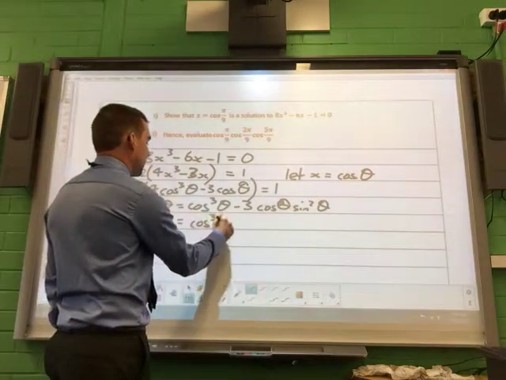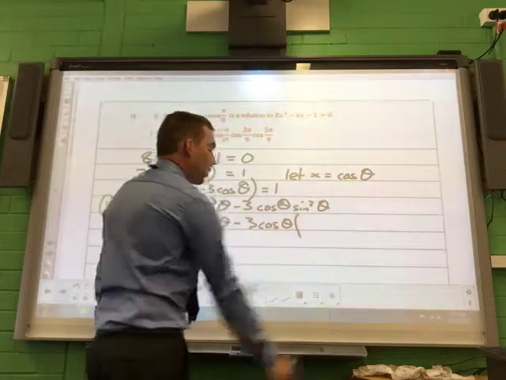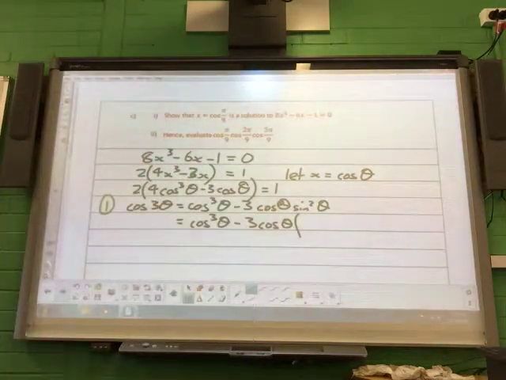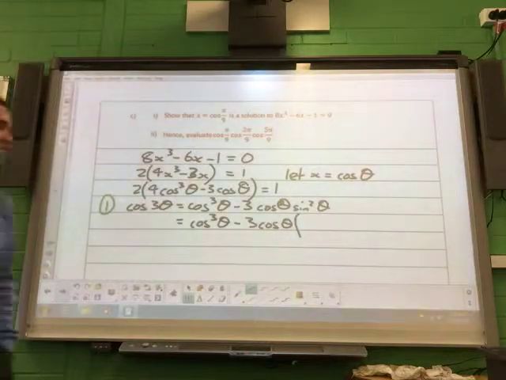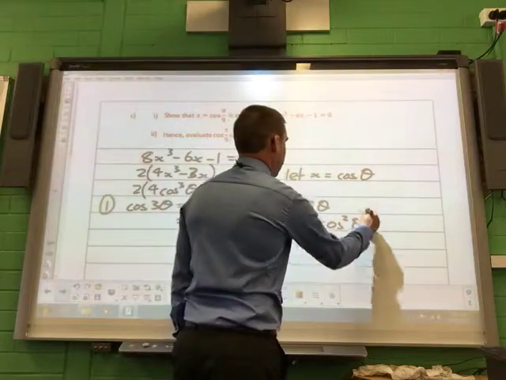What's sine squared theta equal to? Yes, just using your sine squared plus cos squared equals 1 identity. 1 take away cos squared theta.